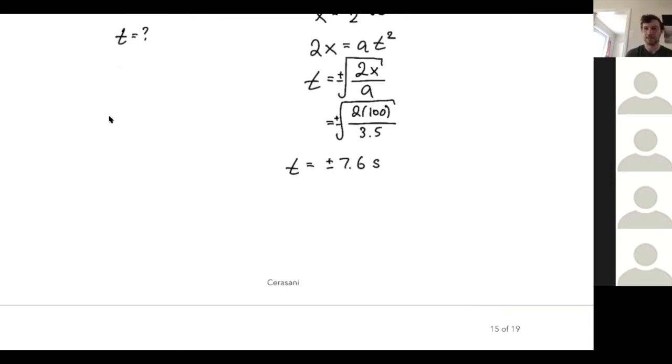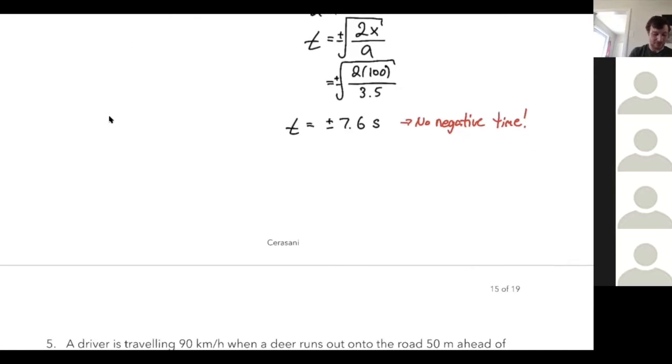But do we really need to put that negative in there? Does that make any sense at all? There's no negative time. So there's really no point in even writing the negative. You don't have to do it. You can literally just say it's 7.6 seconds. That's as much as you have to do.